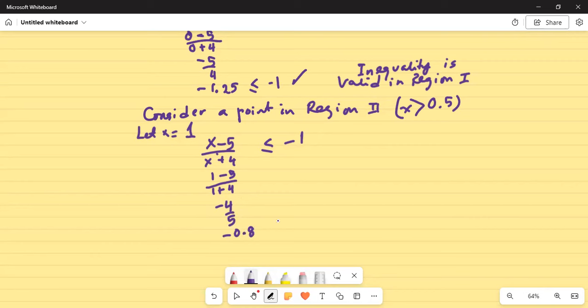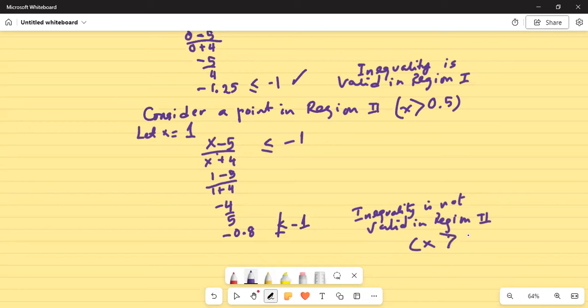Okay, and that is not less than or equal to minus 1. So the inequality is not valid in region 2, which is x greater than 0.5.